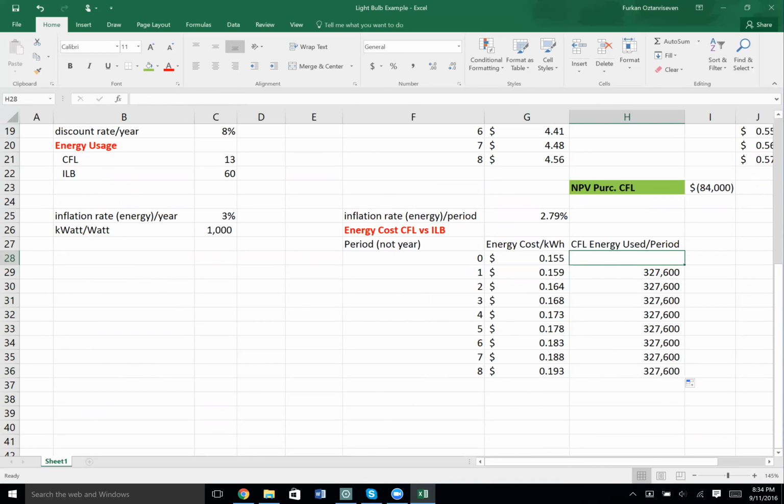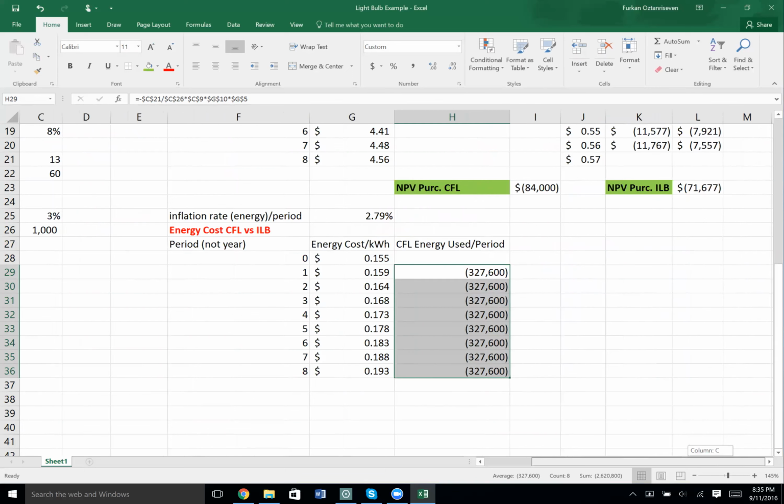The reason is that it's assumed that we first use the energy from the beginning of the period, and then make the payment at the end of the period. So this money right here is the money that we will pay as energy cost at the end of the first year. But again, to make things consistent with the cash outflow cost structure, I put a minus in front of them so that all of my cash flows are negative, they are costs.